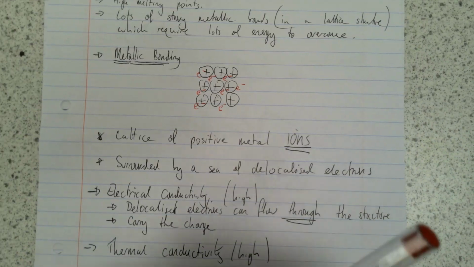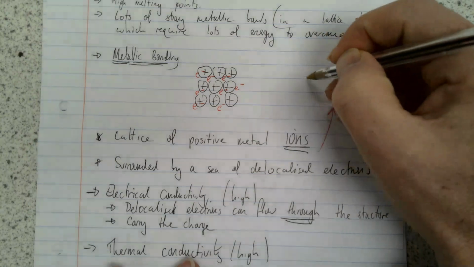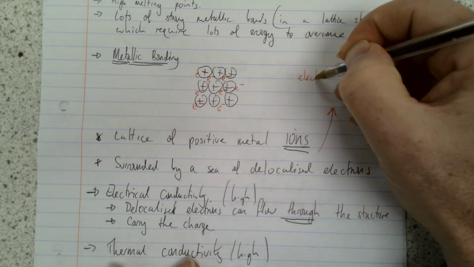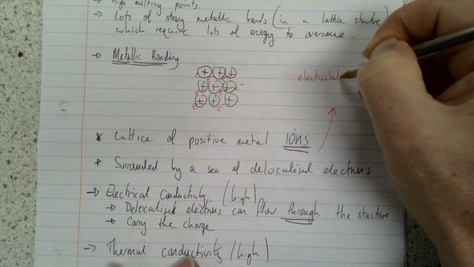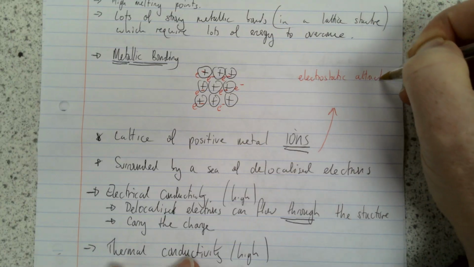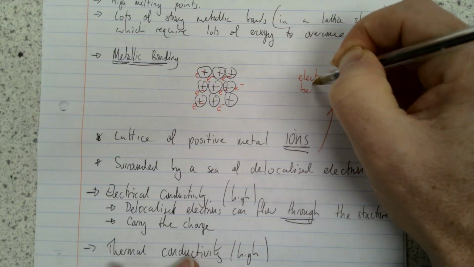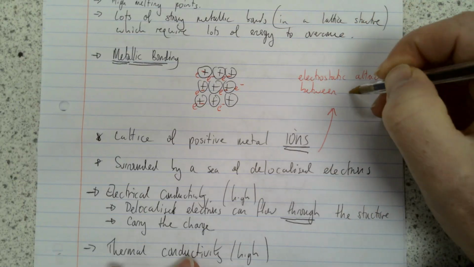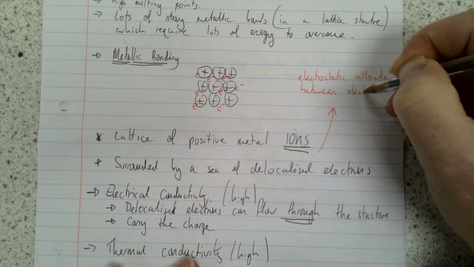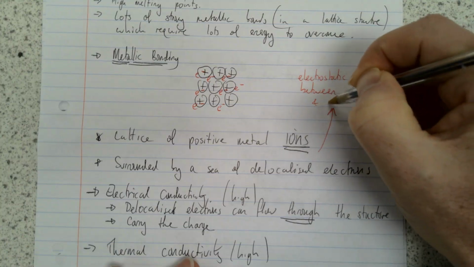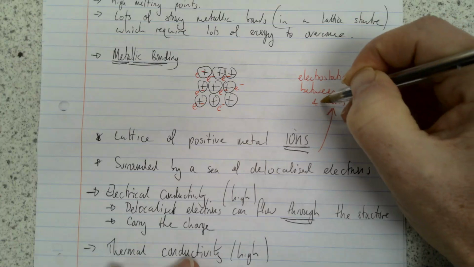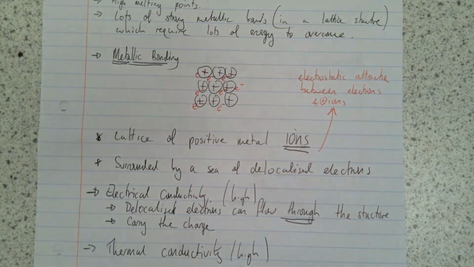But the thing that maybe I didn't really emphasize is that there's electrostatic attraction between these delocalized electrons and the metal ions, the positive ions. Right? That's what holds it together, which I didn't really make clear.